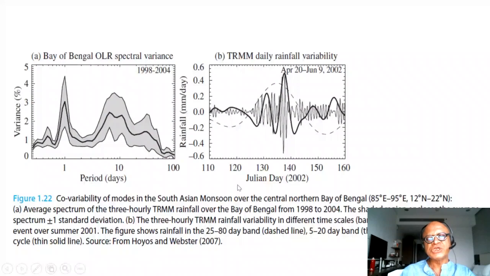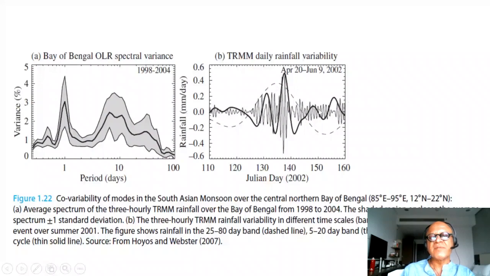Modes of the South Asian monsoon or the central northern Bay of Bengal. This is again looking at the period in days. We already talked about the 2 to 10 day time scale, the quasi-biennial or 10 to 20 day time scale, and the 20 to 60 day time scale. This is from the TRMM rainfall.